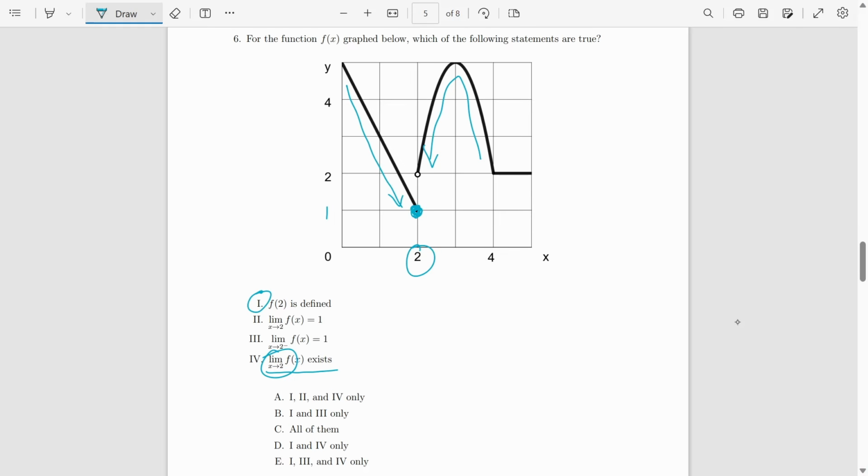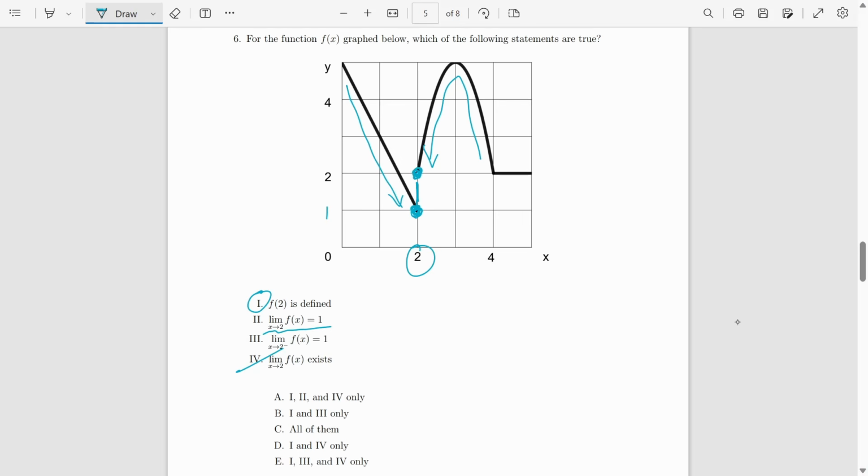And as x approaches 2 from the right side, it looks like that's going to equal 2 instead. Since those are 2 different values, the general limit as x approaches 2 does not exist. So now, knowing that, it makes statement 2 easier.